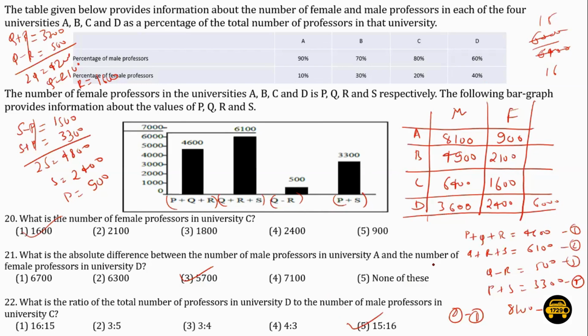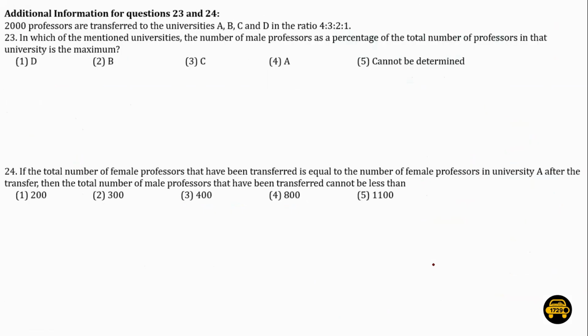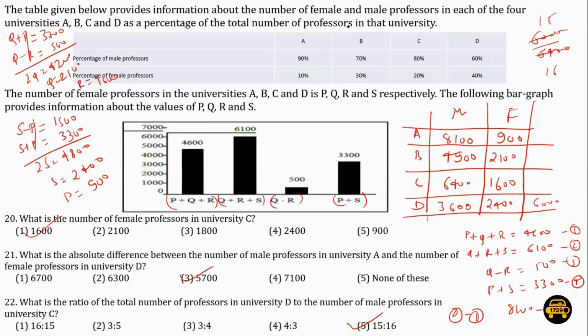Now considering the difficult part of it, we have some additional information. The additional information says 2000 professors are transferred to universities A, B, C, and D in the ratio 4:3:2:1. Okay.